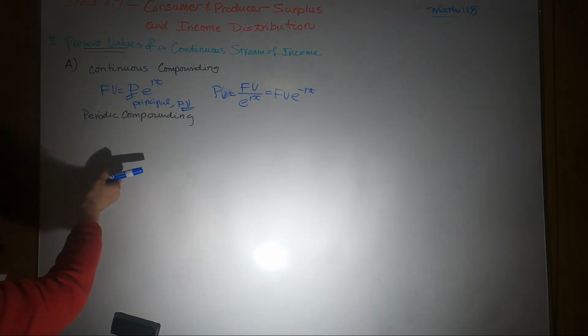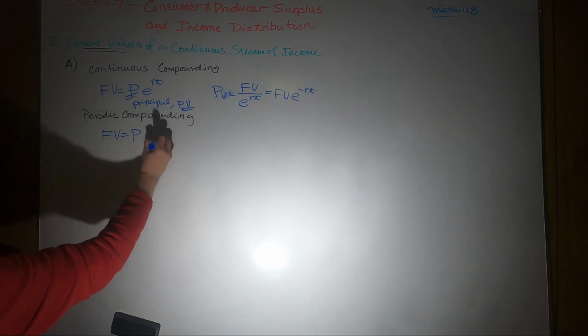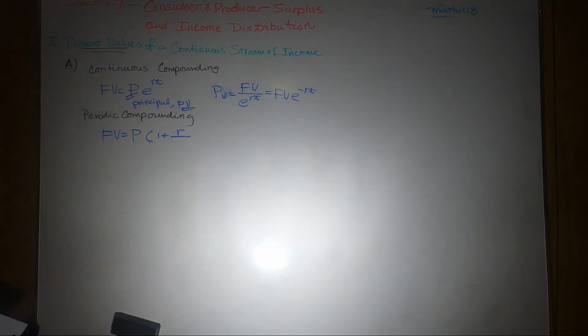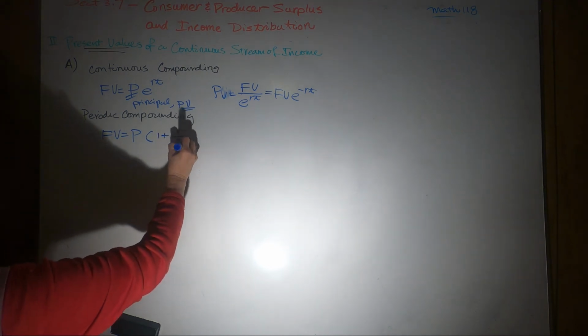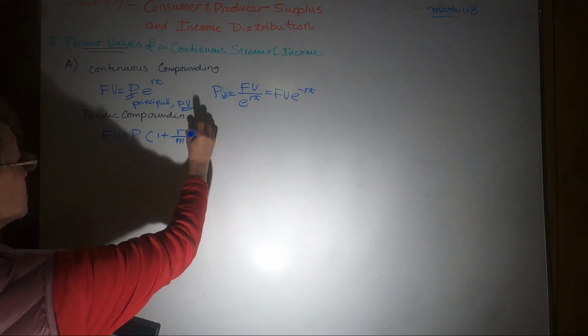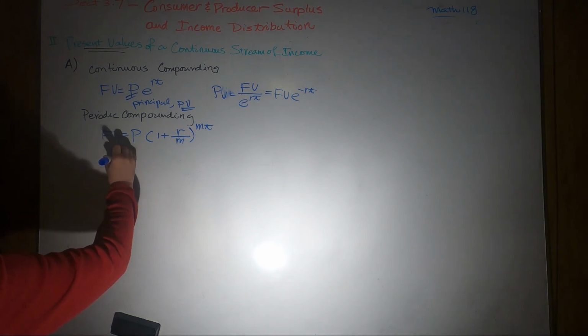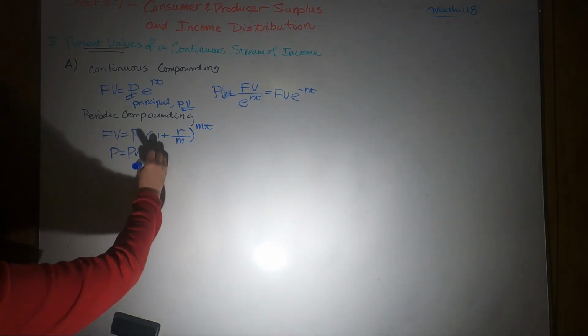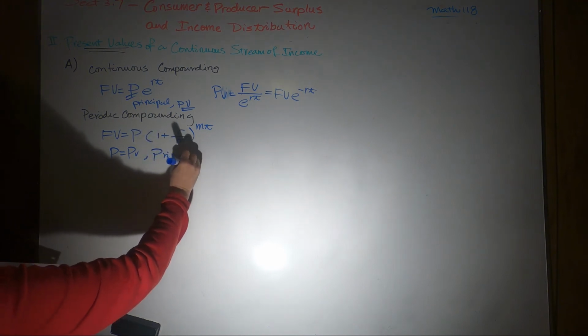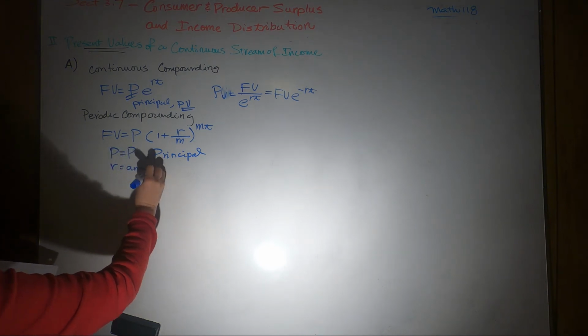Then if periodic compounding, future value is present value times 1 plus your annual rate divided by how many times a year, raised to the total compounding time. So P is your present value, or we call it principal. R is your annual rate.